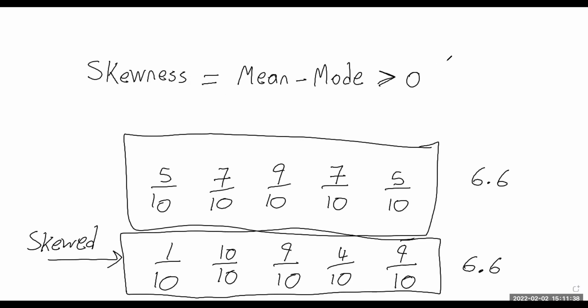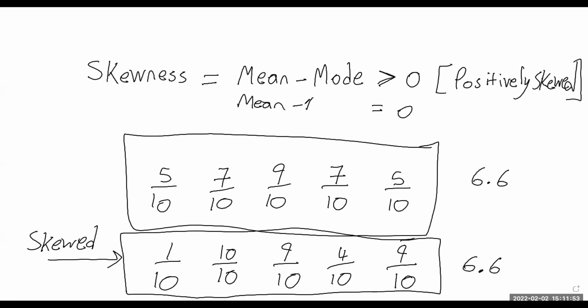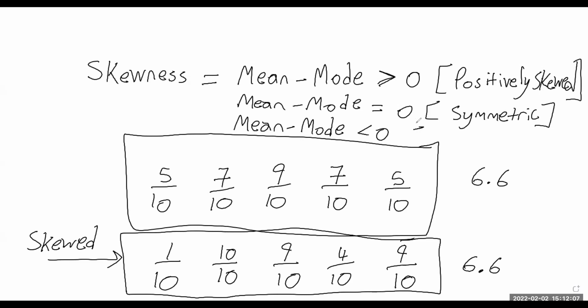Whenever the data set is such that mean minus mode is equal to 0, then we say that the data set is symmetric. And whenever mean minus mode is less than 0, we say that the data is negatively skewed. All right, negatively skewed.